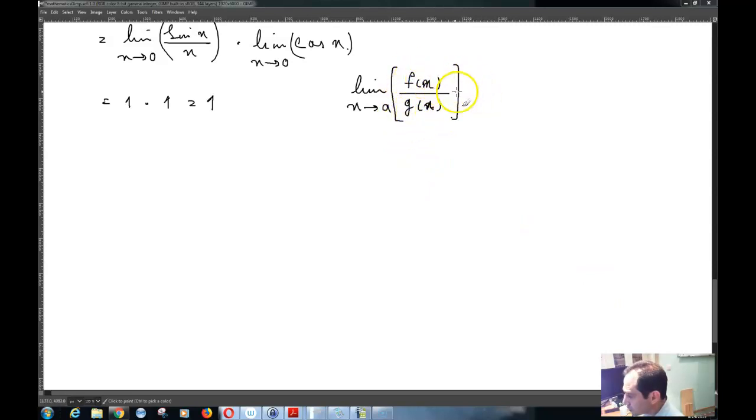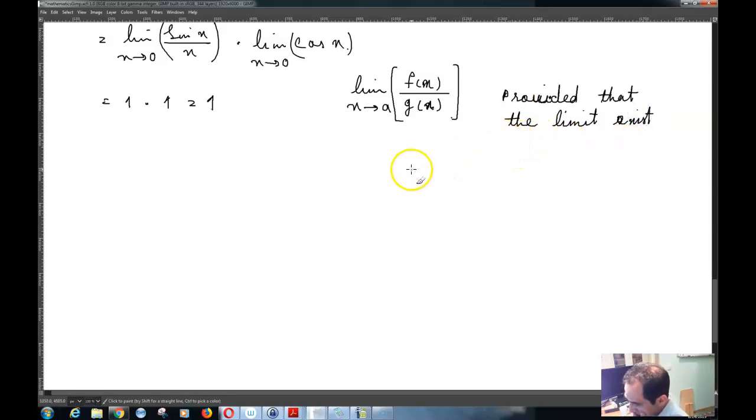Now suppose that, provided that the limit exists, sometimes the limit does not exist, meaning that you get your limit in the form of some number divided by 0, in which case the limit does not exist.